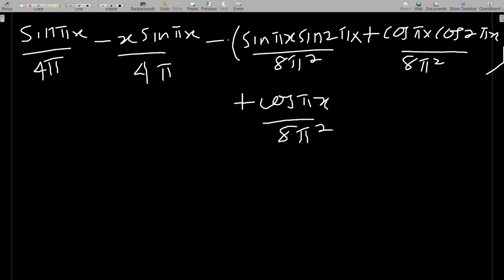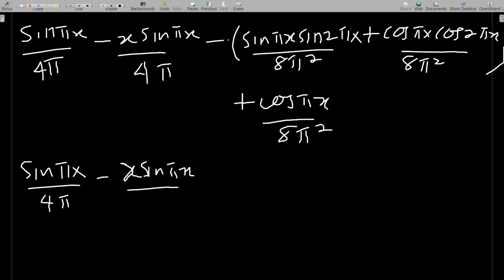So if I solve the one in the bracket, I'll have sine of pi x. I'm just proving why it is 0. It's 0, but I'm just showing it to you. Minus x sine of pi x over 4 pi, then minus the bracket here has the same LCM.